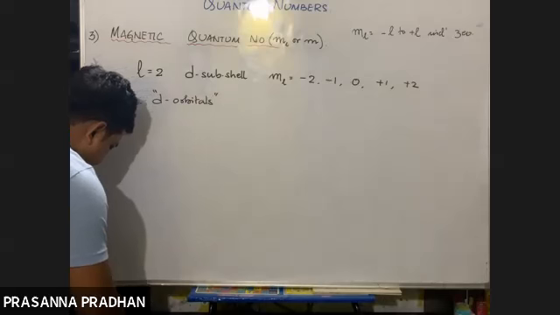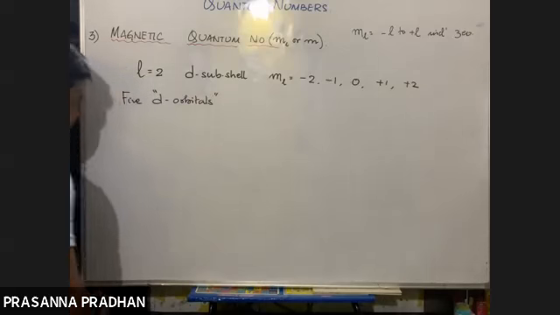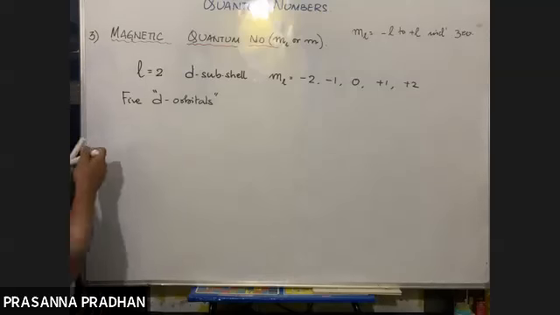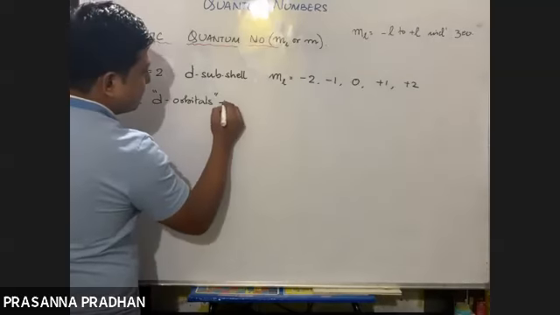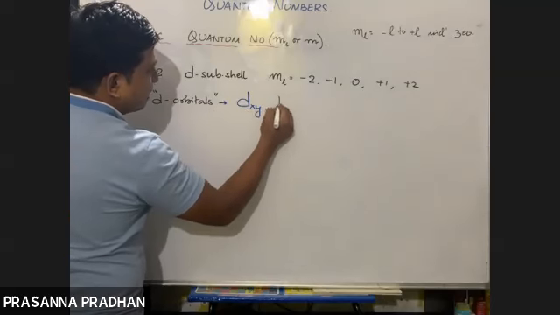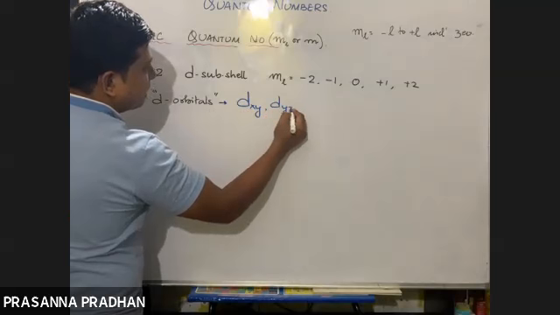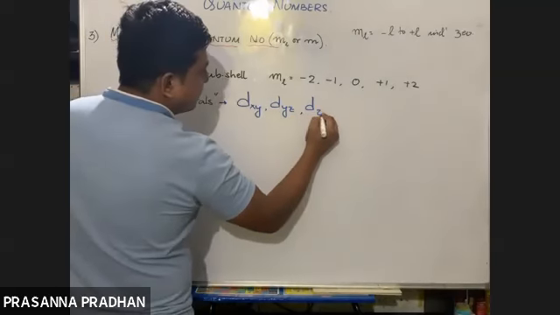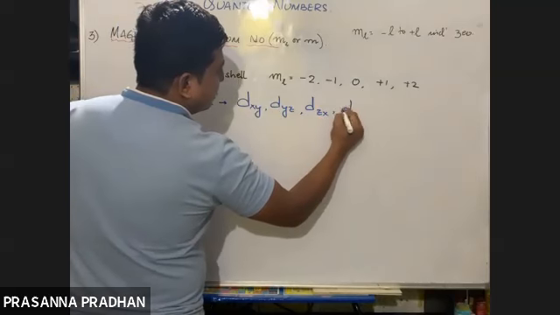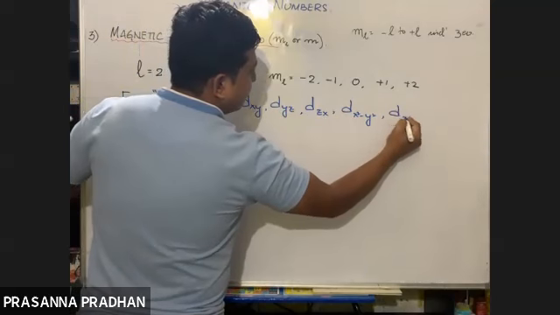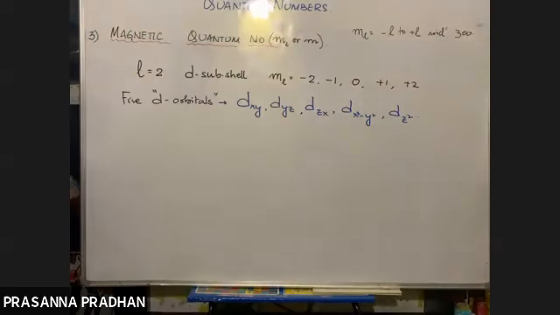So what are the 5 d orbitals now? Any idea? The 5 d orbitals are designated as dxy, dyz, dzx, dx square minus y square, dz square.